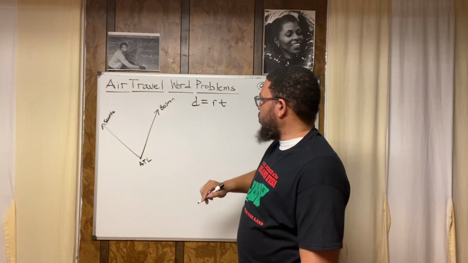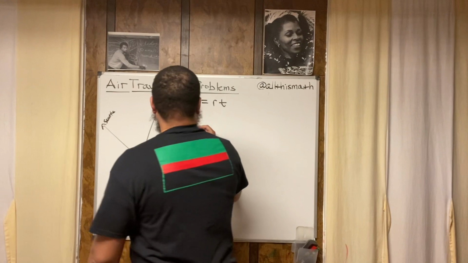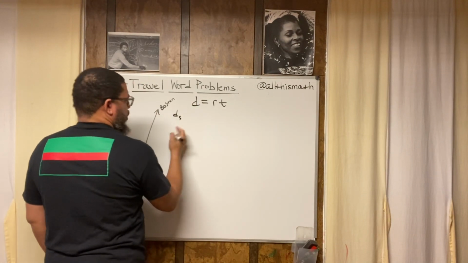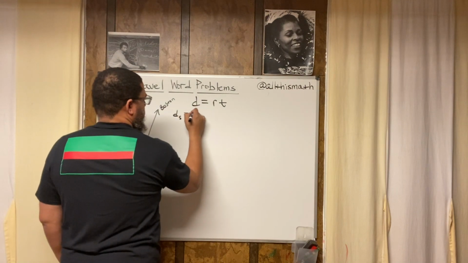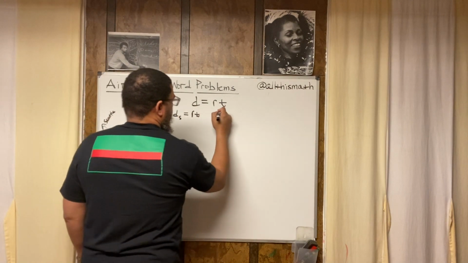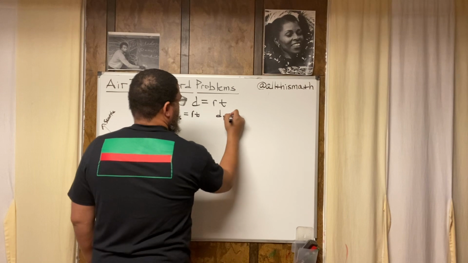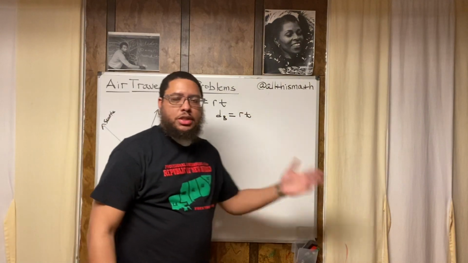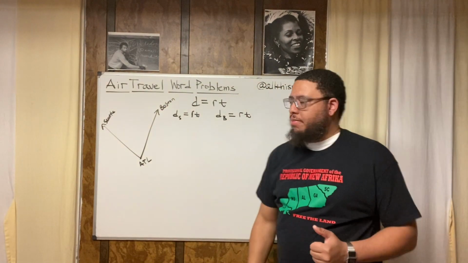So basically what we're saying is the distance to Seattle, I'm going to put an S right here, equals RT, and the distance to Boston equals RT. So each of these planes got their own distance, rate, time formula, right?